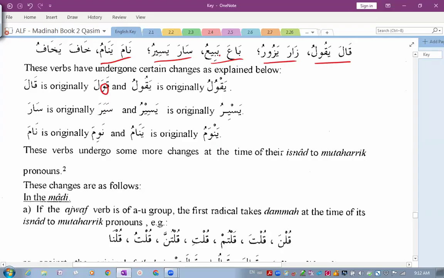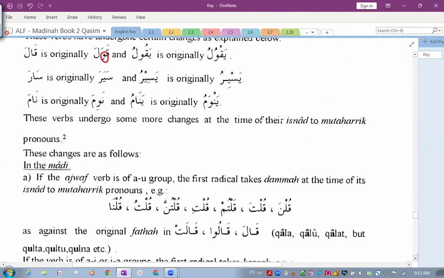We said that li tasheel wa takhfif, for ease of pronunciation and for making it lighter on the tongue. Those were the two reasons we learned. To make it easy, tasheel, and to make it light, takhfif, the words.